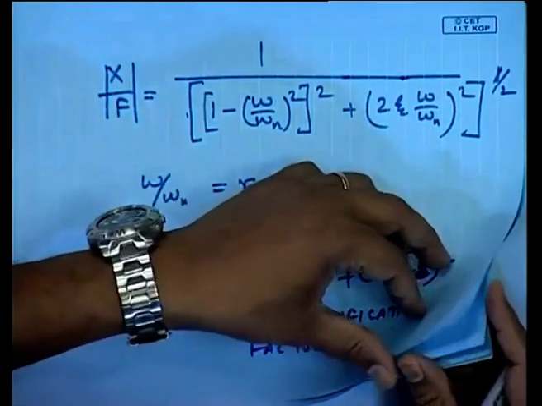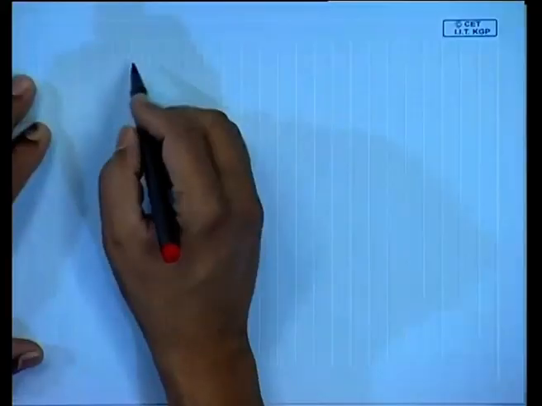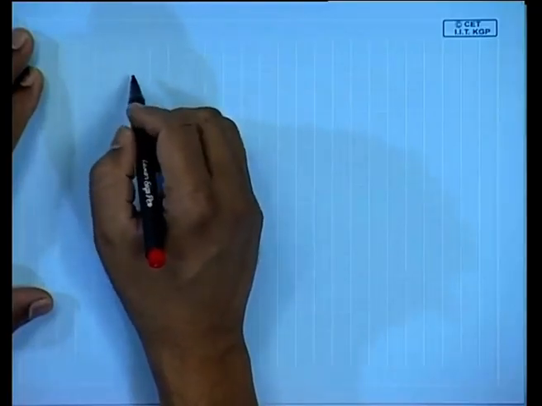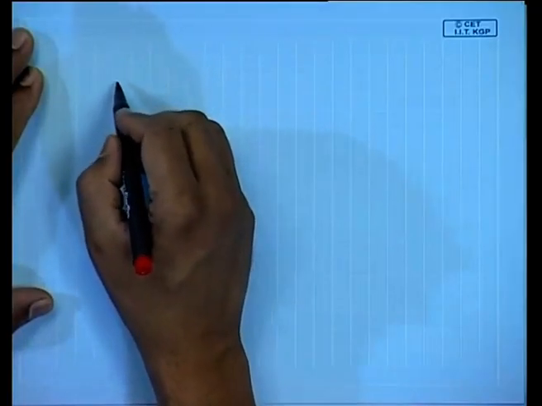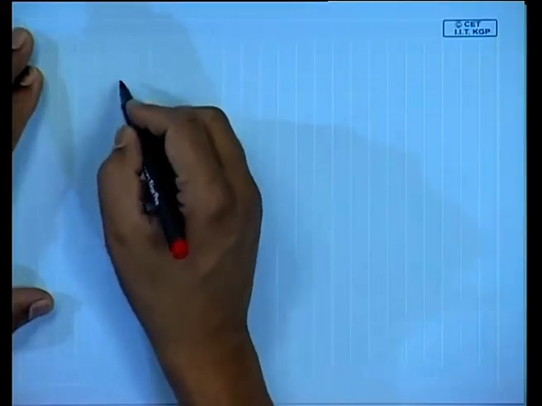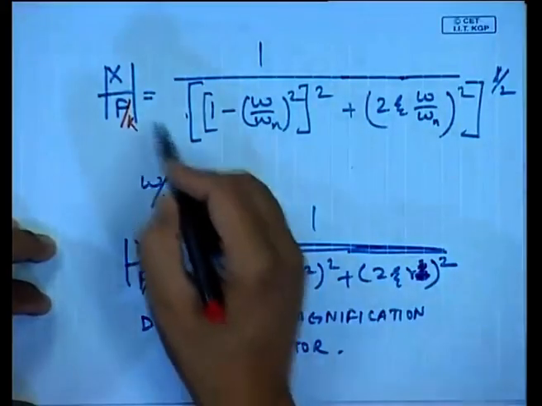And looking at this equation, okay, there will be a x by f by k actually. I take it back, I just made a typo here.